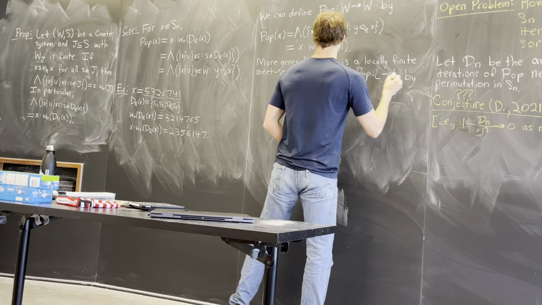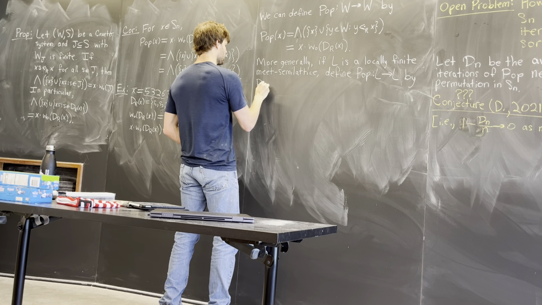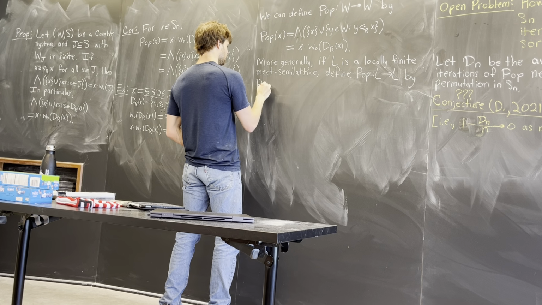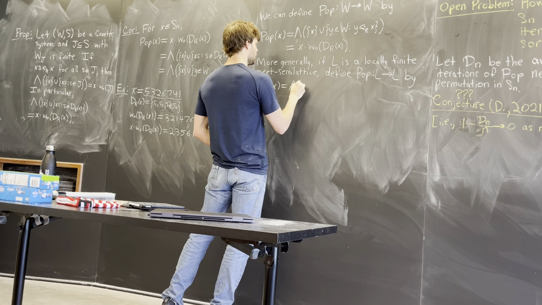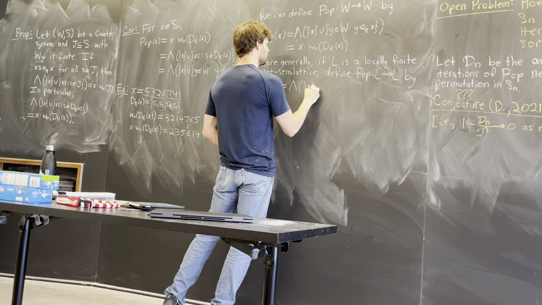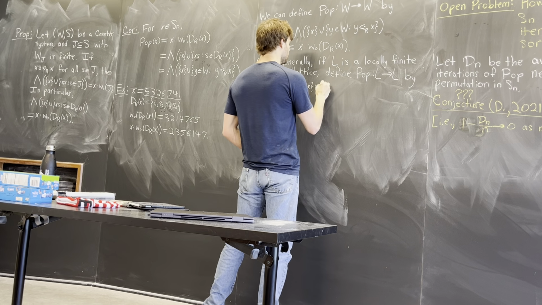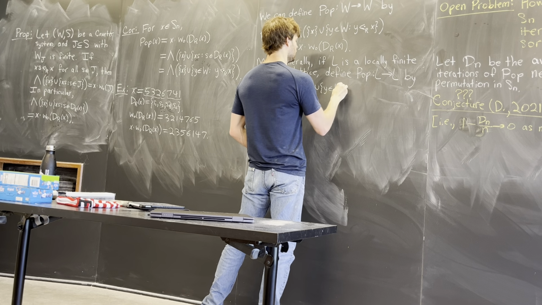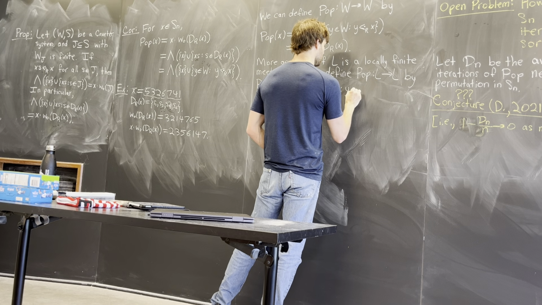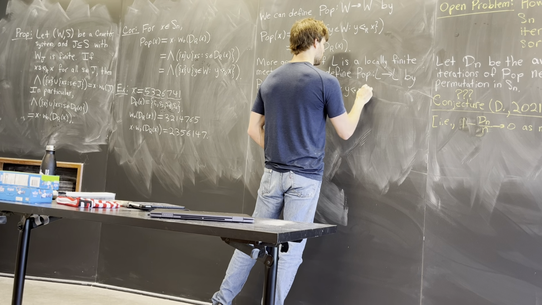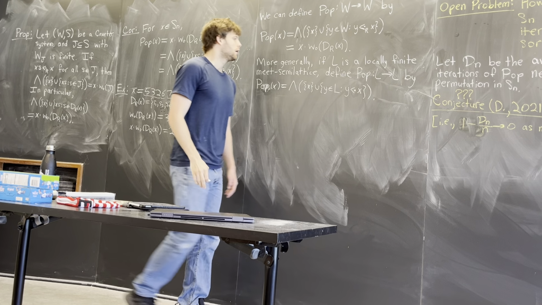So by pop of X equals the meet of X union the set of Y in L such that Y is covered by X. Okay?